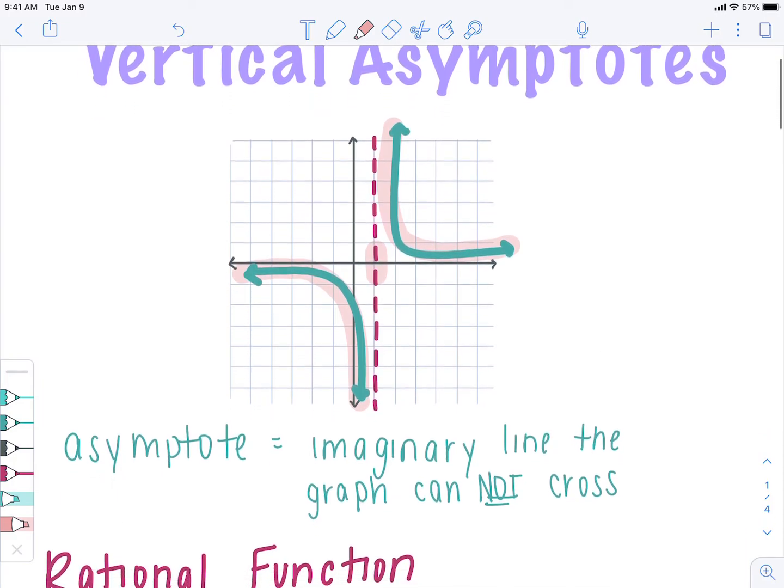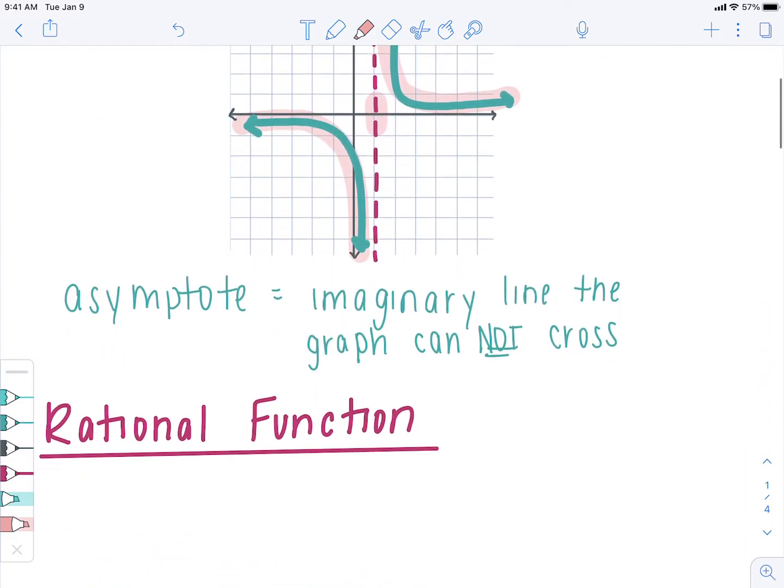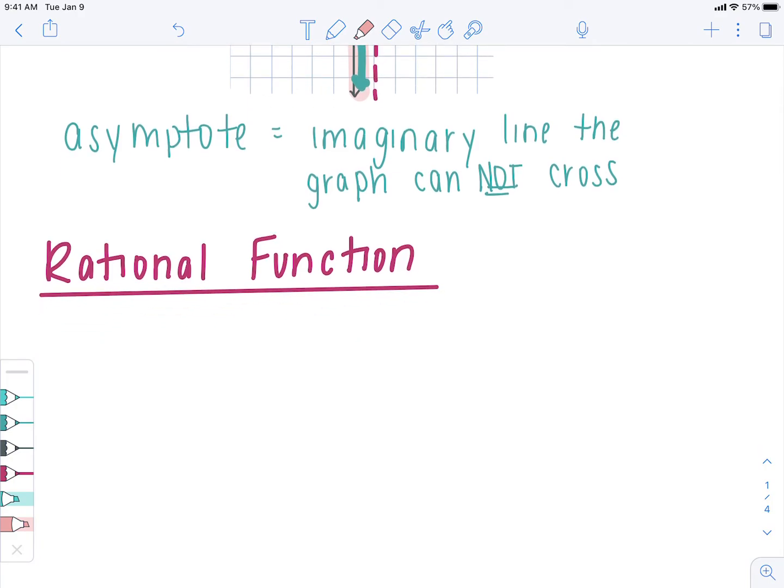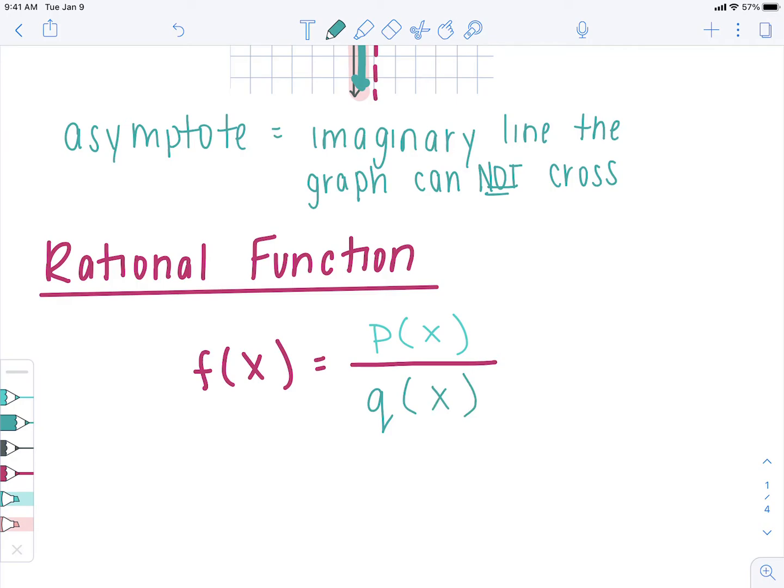Our asymptotes also only show up in rational functions. And a rational function, its fancy definition is f of x equals p of x, so some other function, over q of x. So it's basically our big fraction functions.